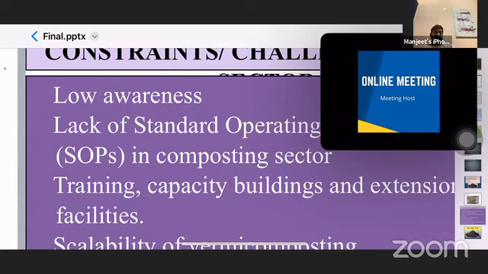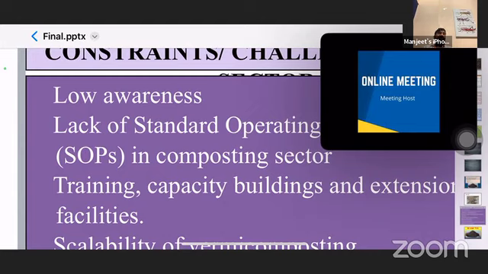So vermicompost is a good business to start to generate employment, especially for rural or peri-urban areas. But till date, not enough startups or progress is seen in this sector.